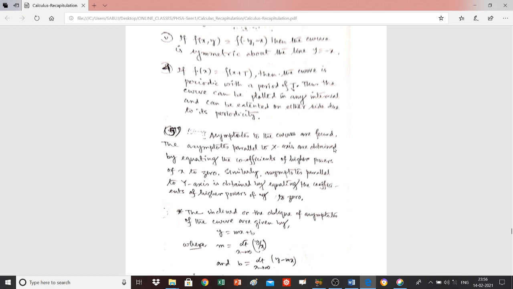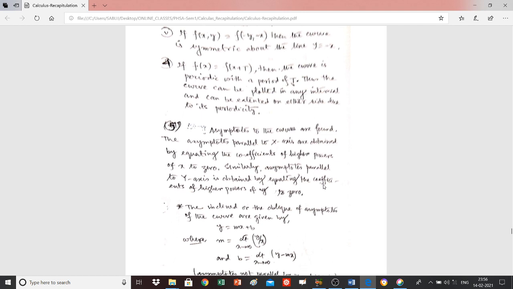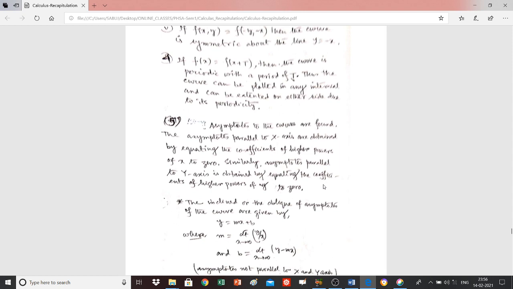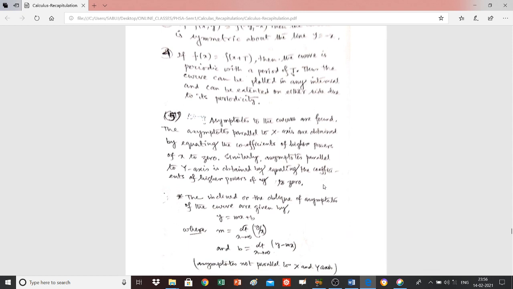So to find the asymptotes parallel to the x and y axes, you have to just equate: for parallel to the x-axis, the highest power of x to 0, and for parallel to the y-axis, the highest power of y to 0. In this way you can identify whether the asymptote is parallel to the x-axis or y-axis, if there are any asymptotes.